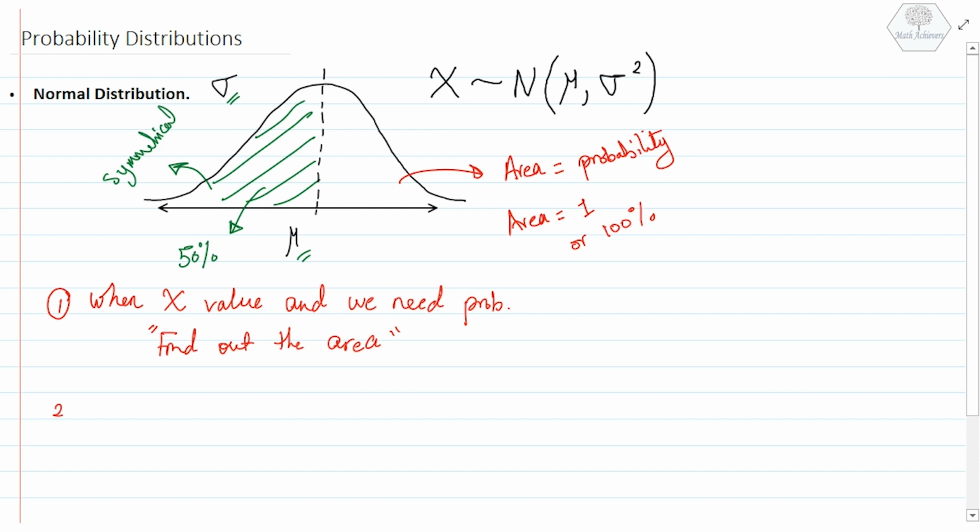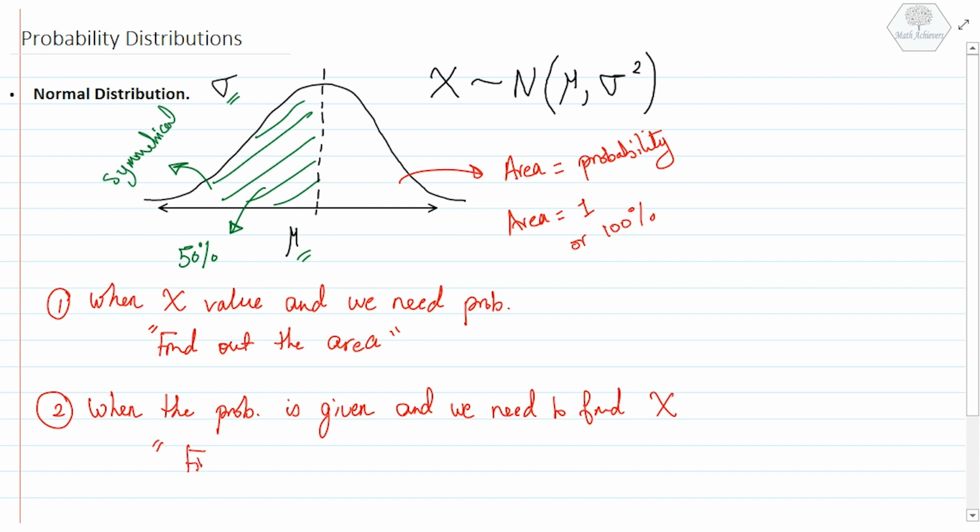The second case is when the area or the probability is given and we need to find x. Through the example, I'll explain how, through a given probability, we will find the value of x.